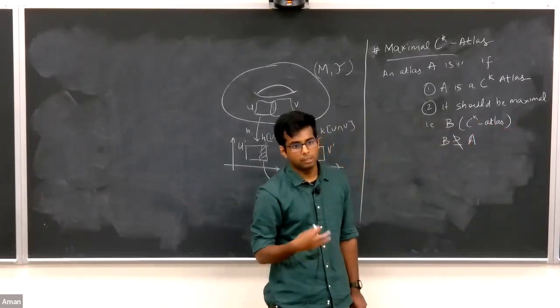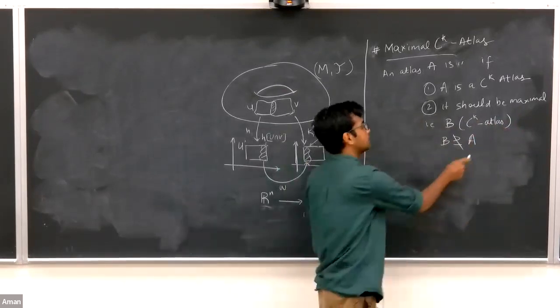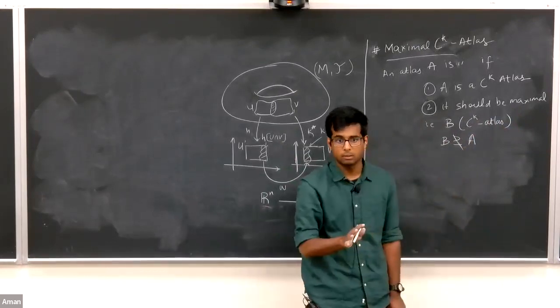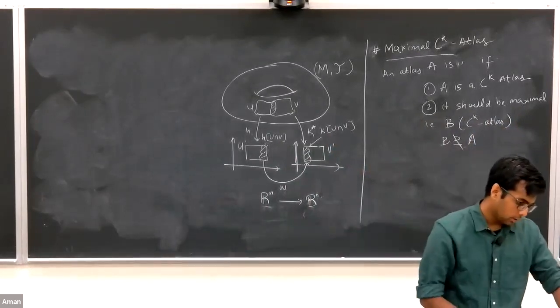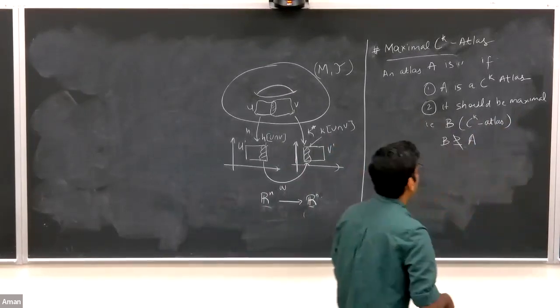If you're able to come up with another atlas which has something missing from this atlas, then this is not a maximal atlas. It needs to have everything to cover the entire space and be completely maximal.